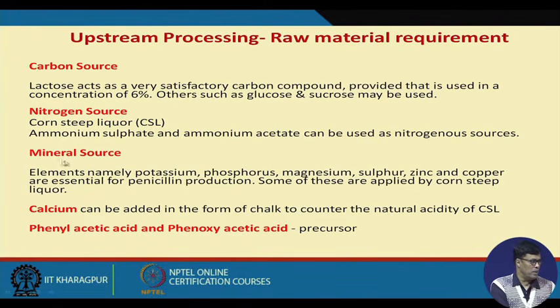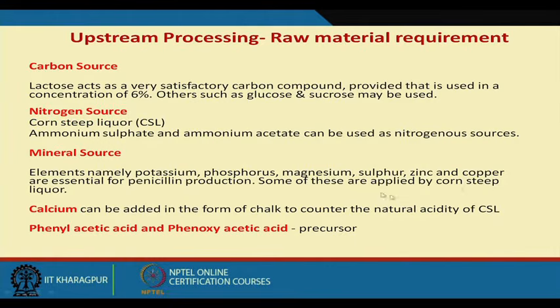Different minerals also play an important role. Elements, namely potassium, phosphorus, magnesium, sulfur, zinc and copper, are essential for penicillin production. Some of these are supplied by the corn steep liquor, because corn steep liquor, I told you, comprises different types of material: not only does it contain a nitrogen source, it contains some minerals and some vitamins also.